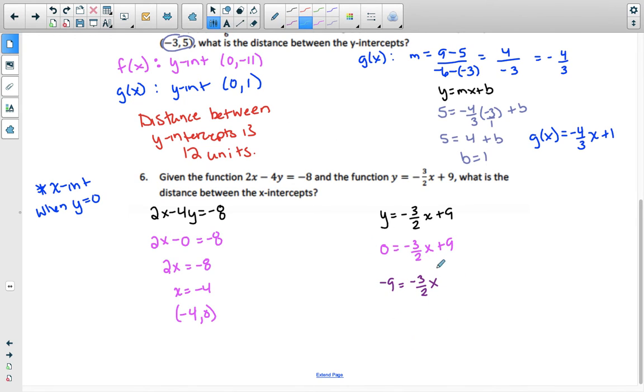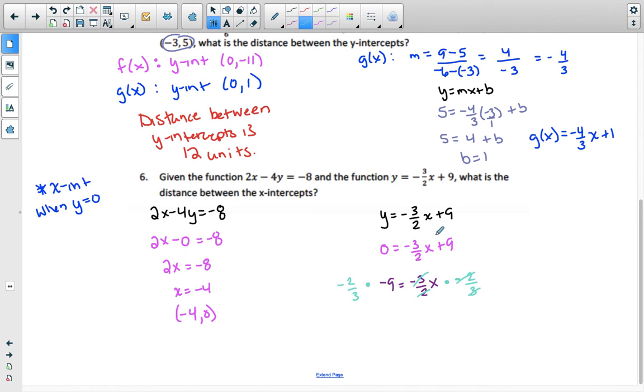Now to solve for x here, we actually want to multiply by the reciprocal of whatever is multiplied right now. So we're going to multiply both sides by negative 2 over 3, because it's still the negative sign. Negative 3 and negative 2 will multiply to give us a positive, and 3 divided by 3 gives us a 1, and 2 divided by 2 gives us a 1.